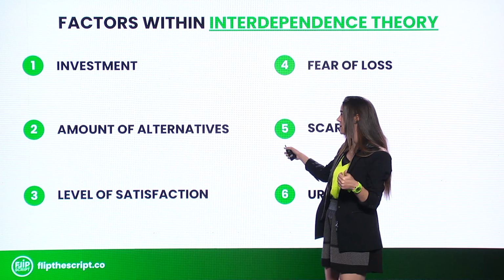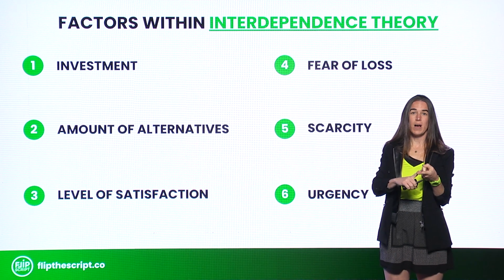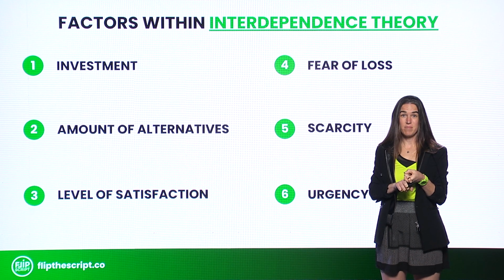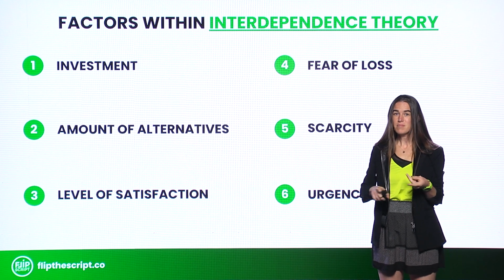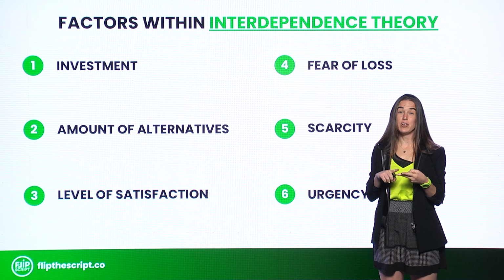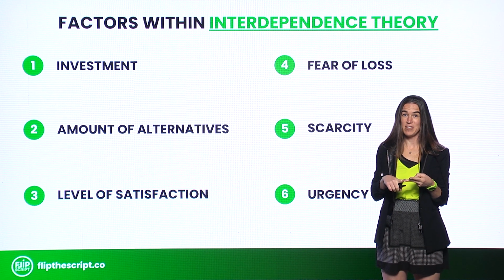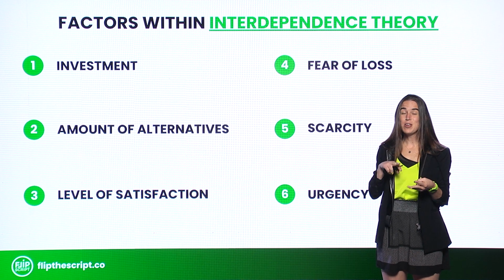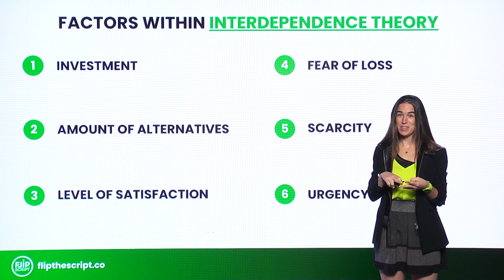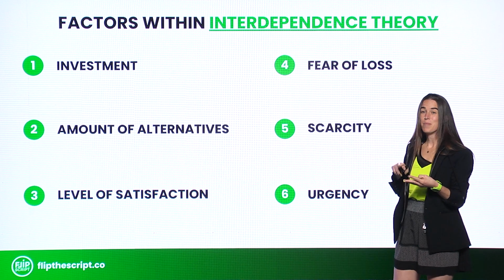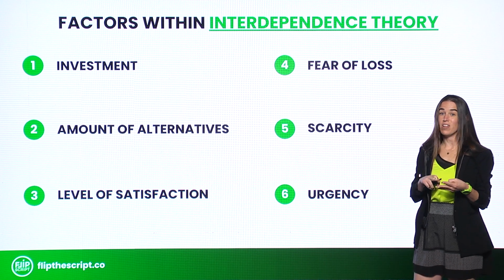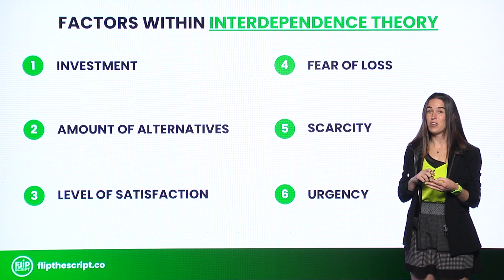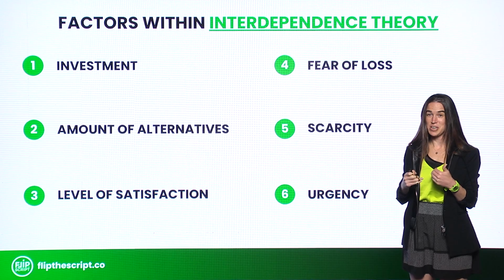So the 6 are, number 1, the amount of investment that you've given so far. Number 2, the amount of alternatives that you have in terms of that type of relationship. Number 3, your level of satisfaction within the relationship. Number 4 is fear of loss, of how afraid you are that you're going to lose this relationship.